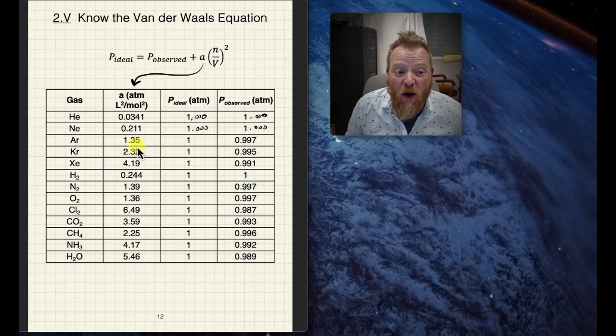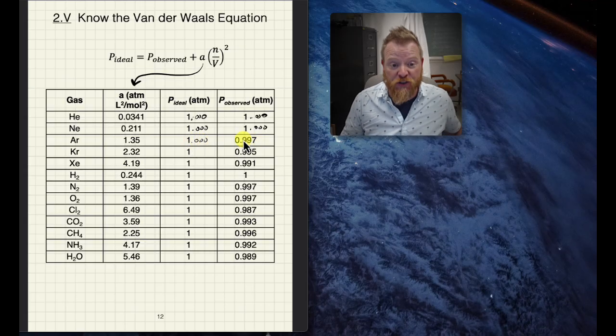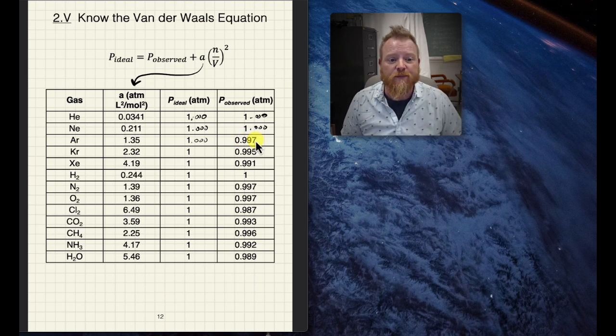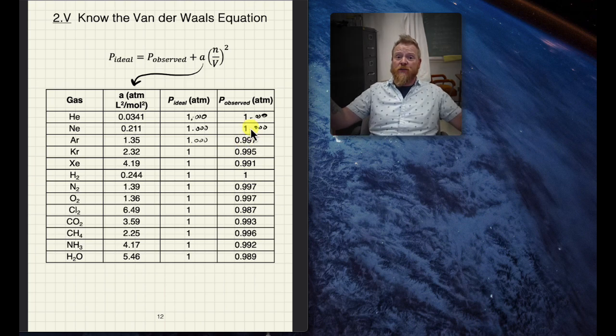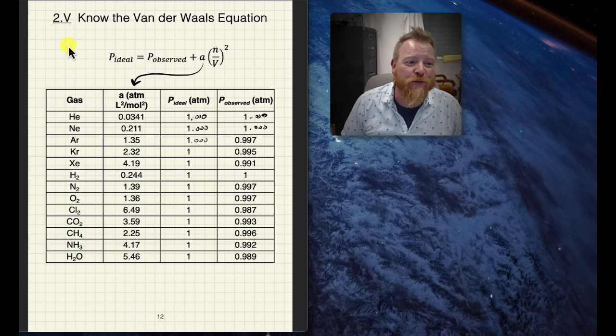But now when we get into argon, which has a significantly larger A term than neon or helium, we actually observe a significant amount of pressure reduction due to the attraction of those molecules, right? So the molecules are attracting to each other. That's bringing them away from the walls.